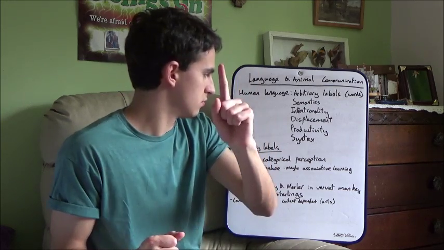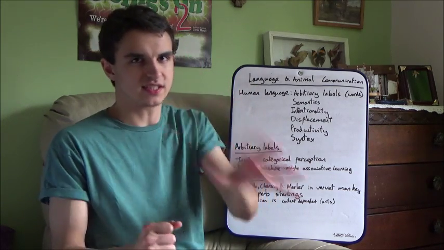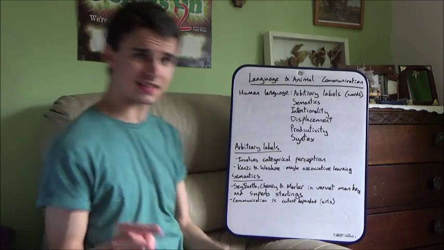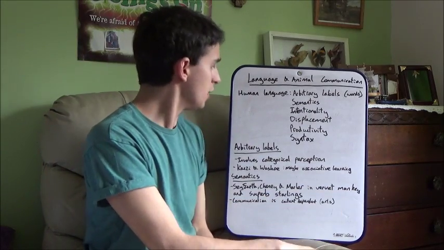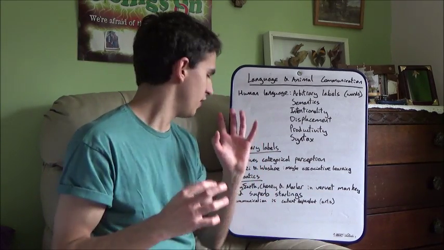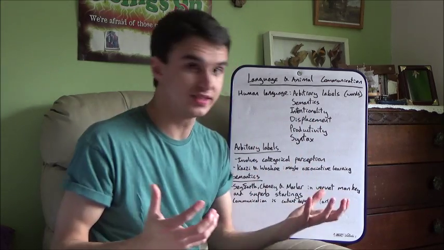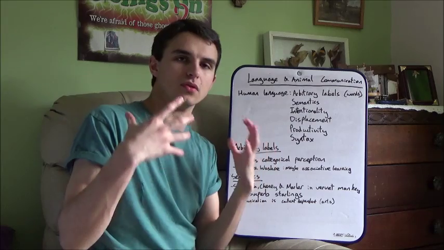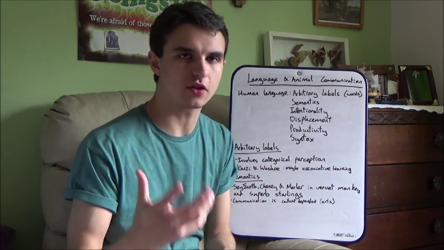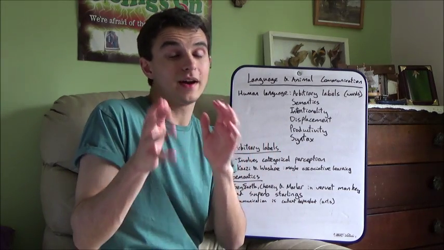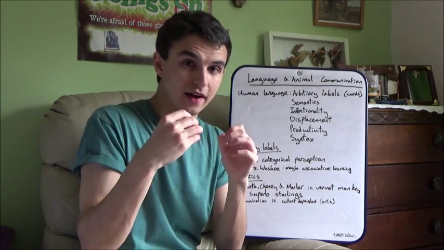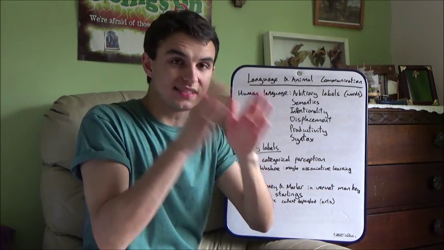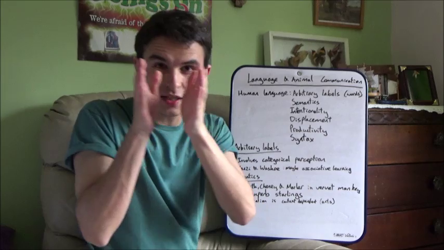Okay? So, let's start at the beginning. I mean, this isn't a linguistics series, this is behaviour, so let's get on to some science. Arbitrary labels. Now, arbitrary labels, so basically words in human cases anyway, and this is all to do with categorical perception. What I mean by that is that the receiver is splitting up a signal into discrete parts.